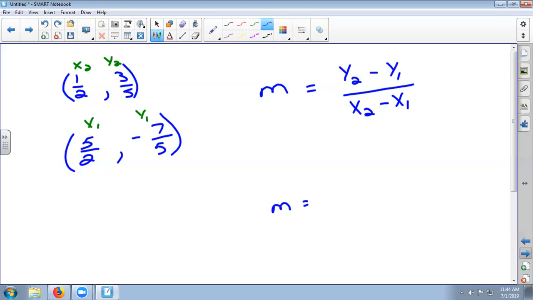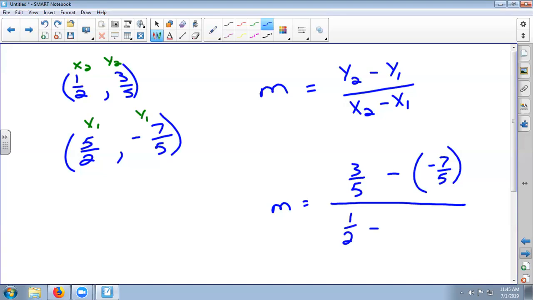I said I'll set these up so they should work out fine for us, I think. This is finding a slope. Slope-intercept form is tomorrow. We are just finding a slope. Y2 is 3/5 minus Y1, over X2 minus X1.